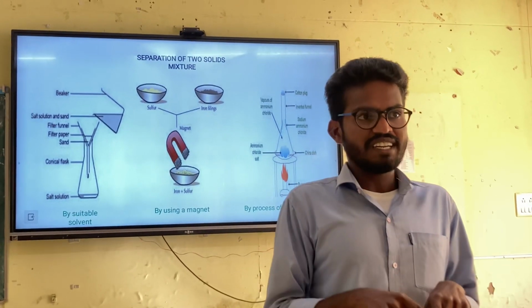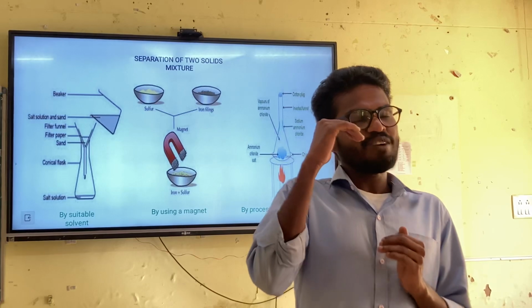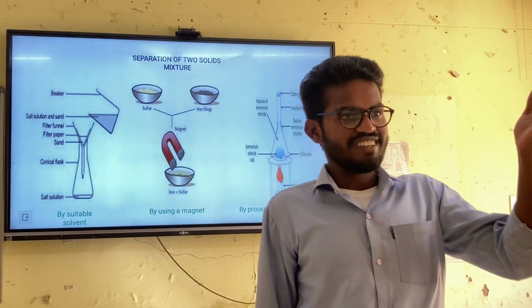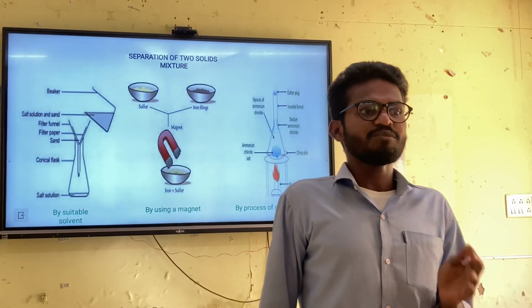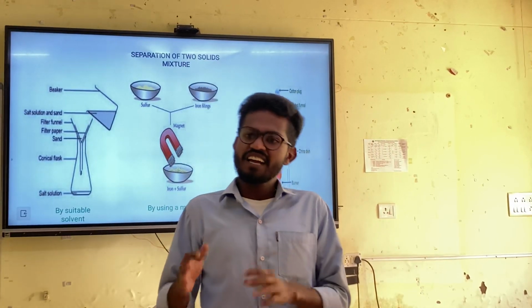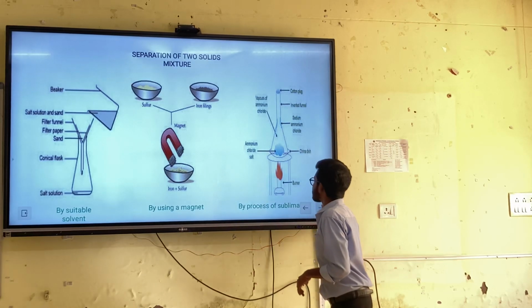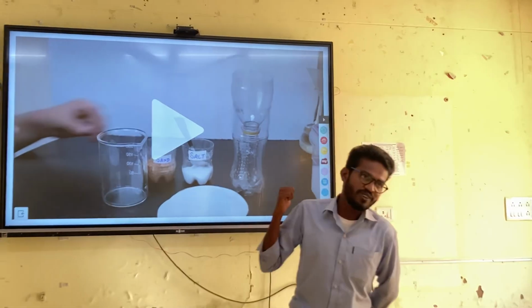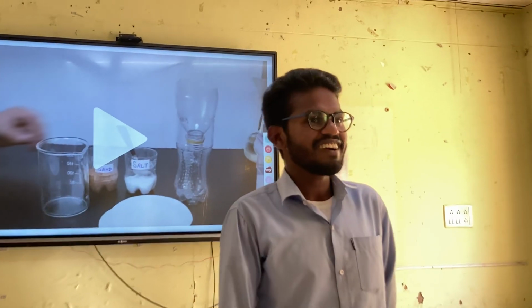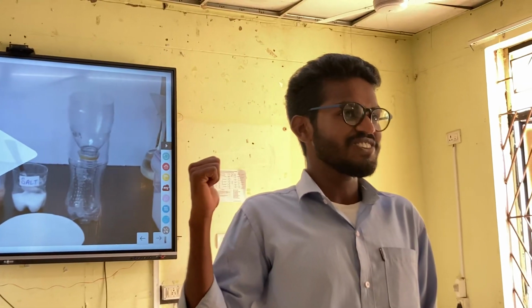When you sublimate it, the ammonium chloride will evaporate, and when you cool that vapour down, you will get the ammonium chloride separately. What happens in this process? First you get the salt solution, and then if you evaporate it, you will get the salt.